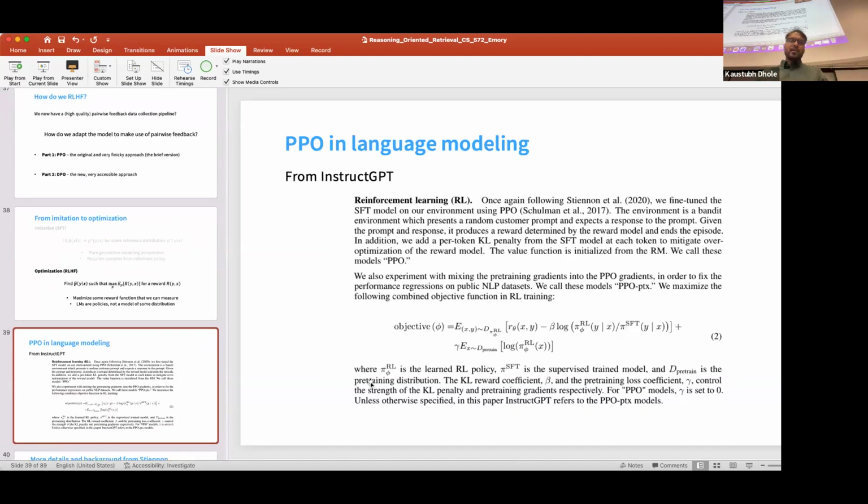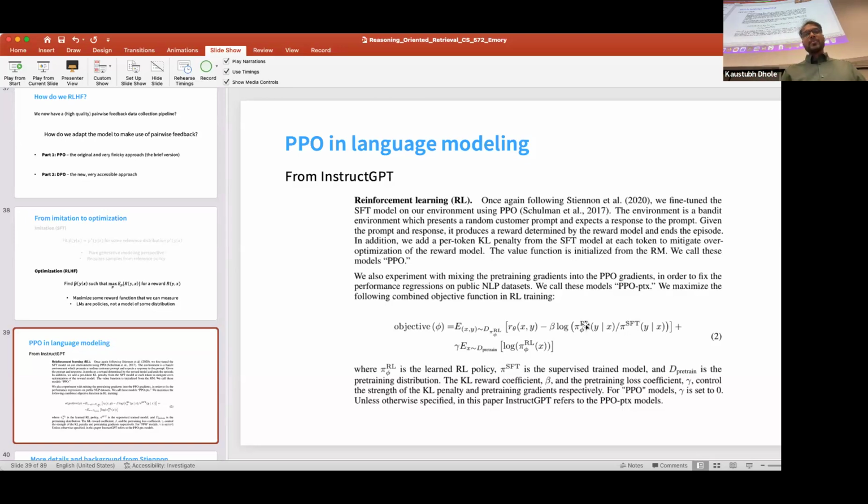So the RLHF PPO approach, the equation is pretty simple. What we are essentially maximizing is the rewards that our policy gets. And there is a second term, which is the KL divergence from our original policy, which is the supervised fine-tuned policy. So essentially, we have a pre-trained model, we have the supervised fine-tuned model, and now we are applying PPO on it.